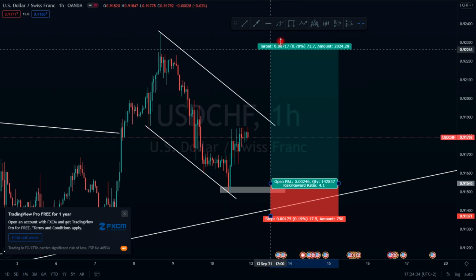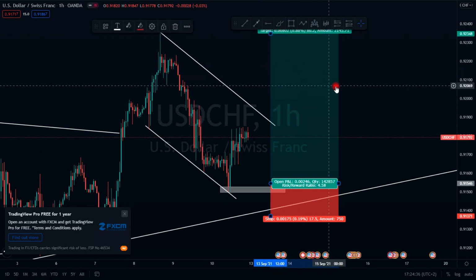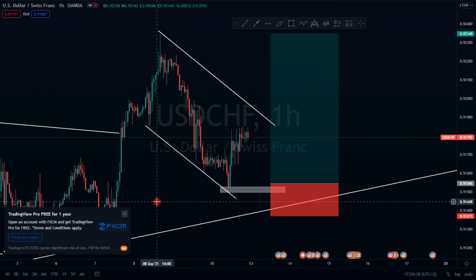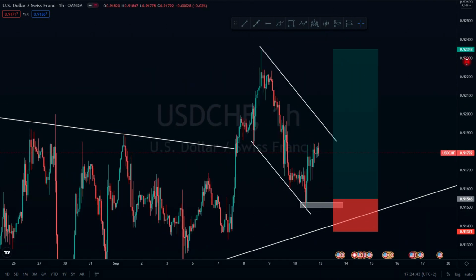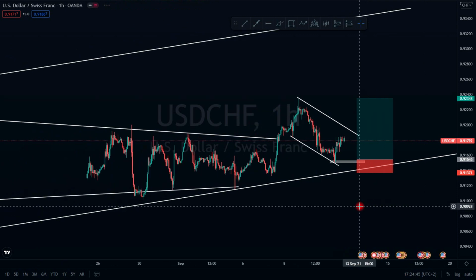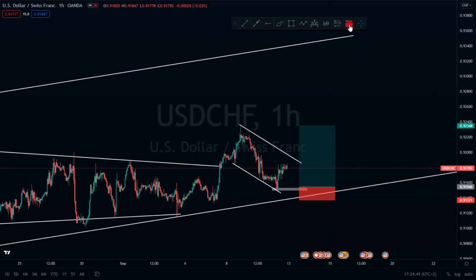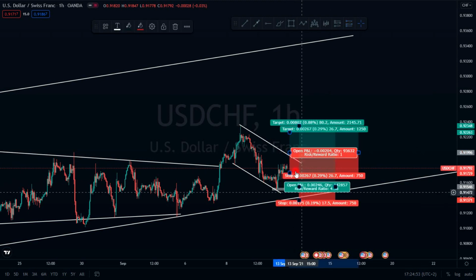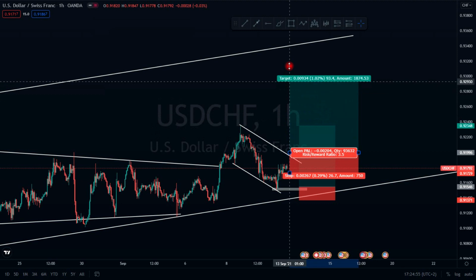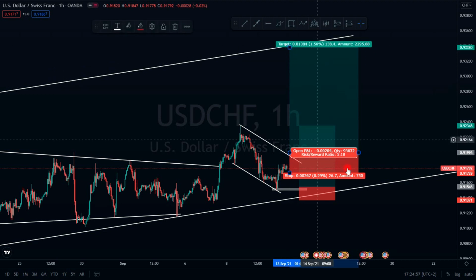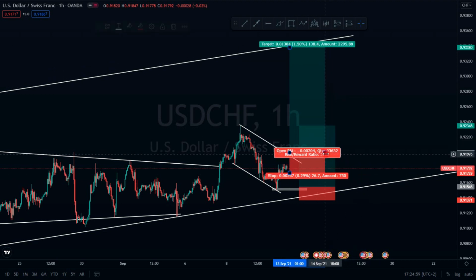And then our first target will be right here. That's where our target would be. But should the market continue from where it is and just decide to go up, then upon the breakout we will now enter somewhere right here and then aim to get out somewhere there.